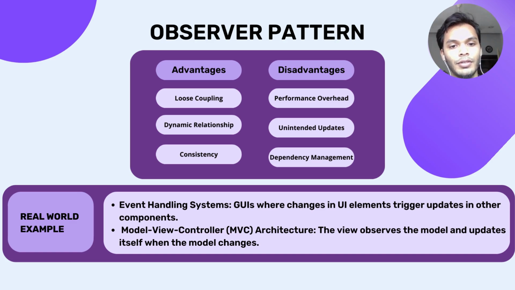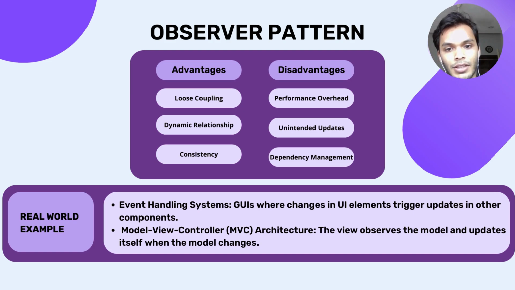And then moving on to the disadvantages. First of all is performance overhead. If there are many observers, updating all of them can introduce performance overhead, particularly if the notification process is complex or observers perform heavy computations. And then there are unintended updates, where, if observers are not properly managed, they might receive notifications they are not interested in, which can lead to unnecessary processing.